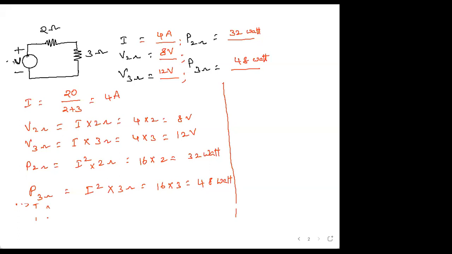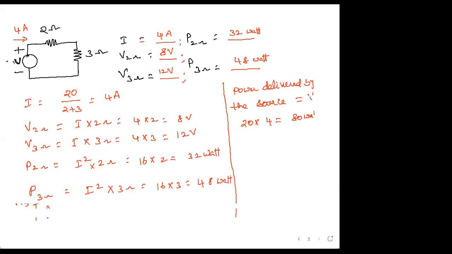So power delivered by the source, how much is it? V into I. What is the voltage? 20 volts. How much current is it delivering? 4 amperes, right? So 20 into 4, 80 watts.